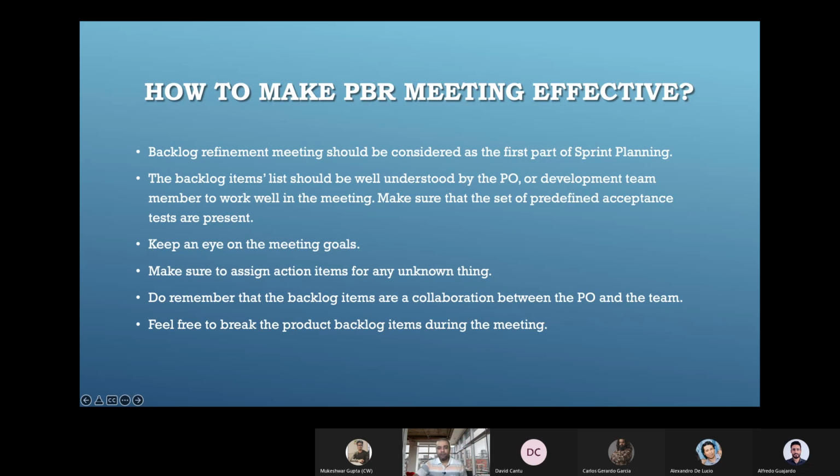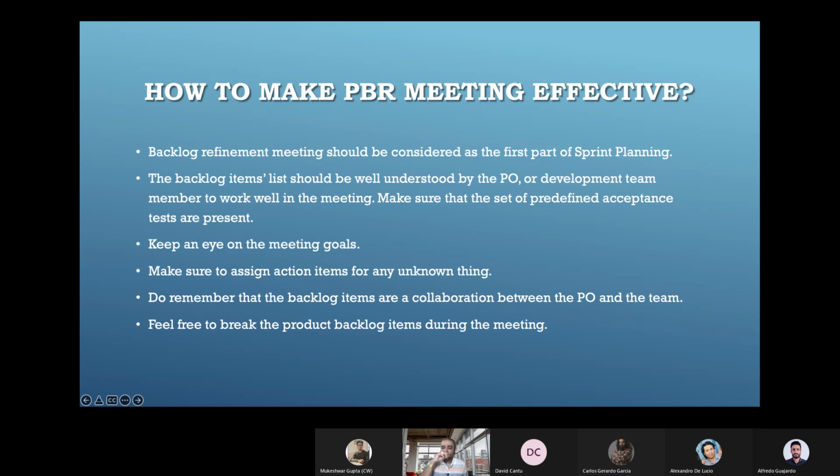So feel free to break down the product backlog items during the meeting. That is very, very important. If you think anything is not broken down further, and say we are doing story pointing, we'll come to that point, but you are giving some story point as 13. 13 story points looks like a very huge effort.